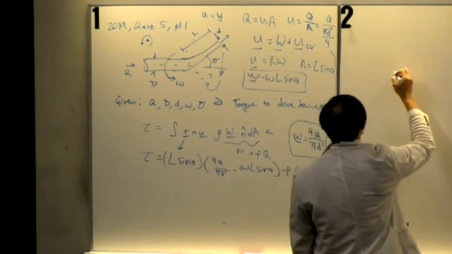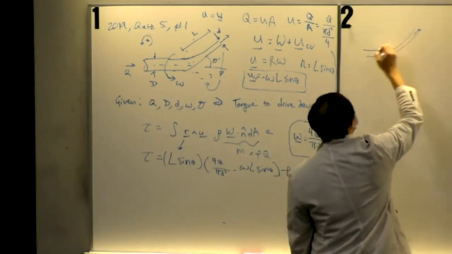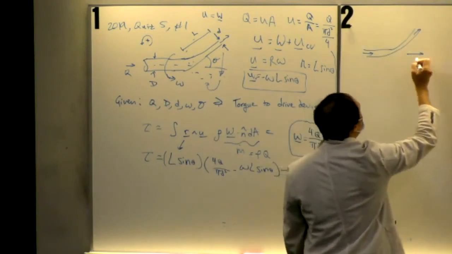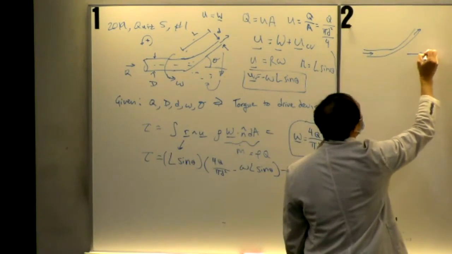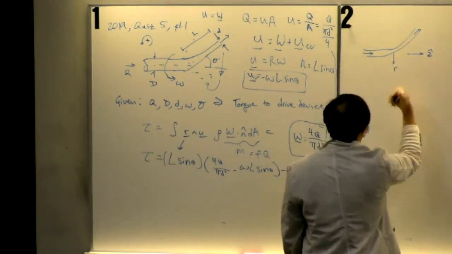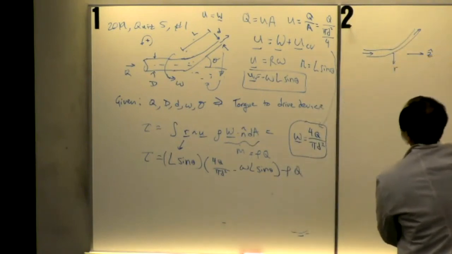We might as well just have the whole thing. Basically it's going like this. We'll call that Z hat, and then the R hat. So R cross Z.